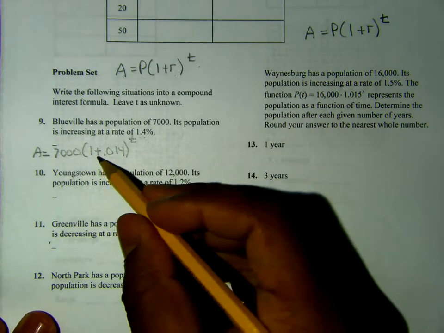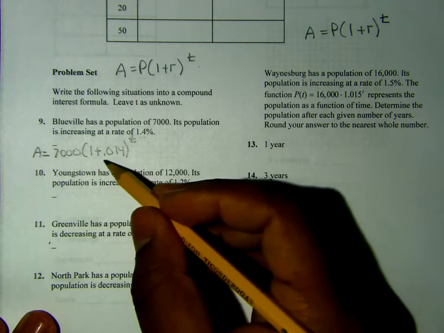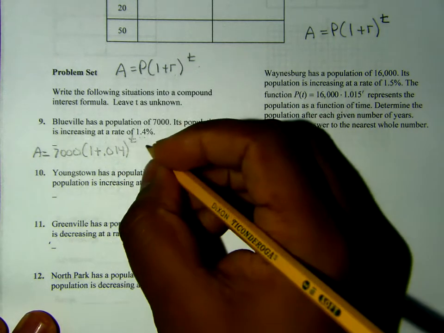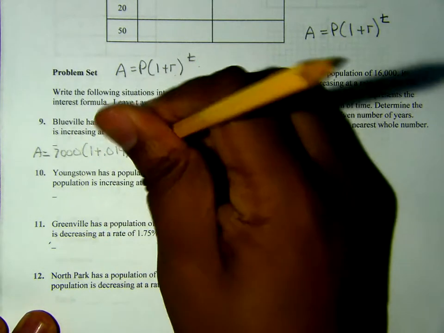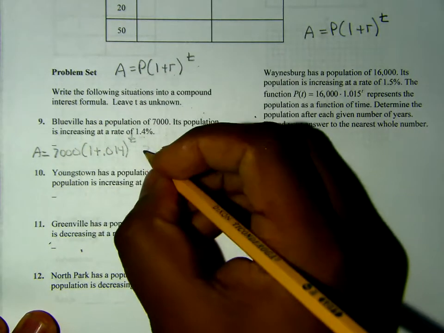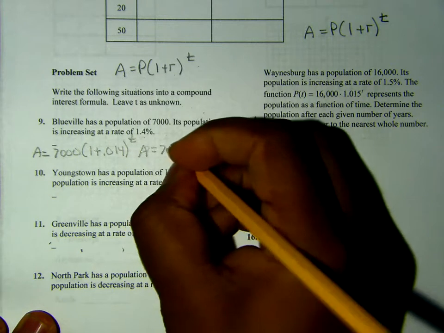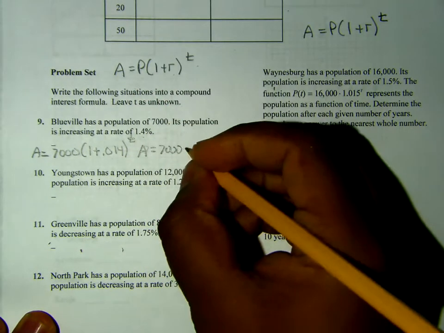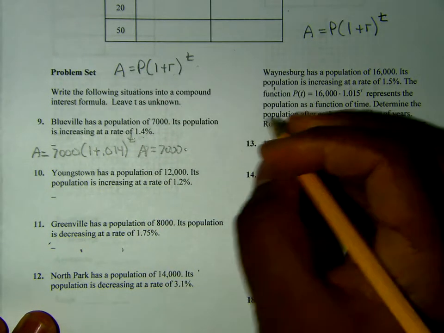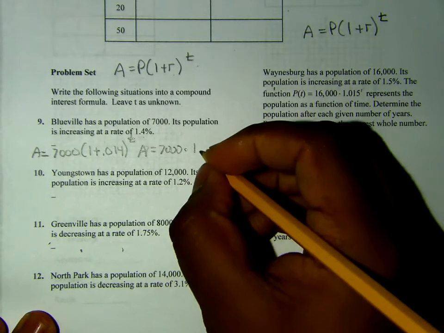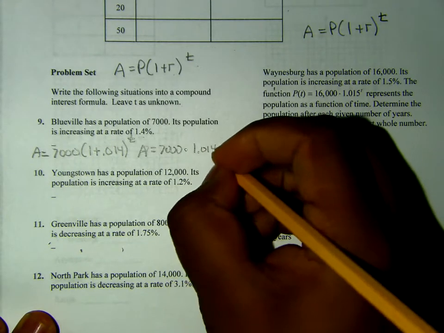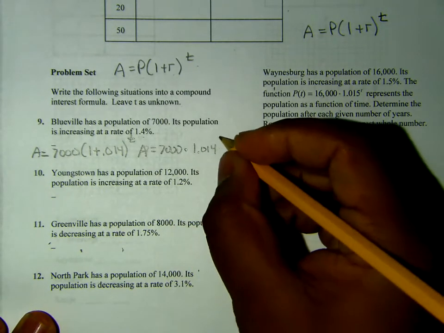But we could simply just do the addition here, and that's going to get us A equals 7,000 times 1.014 raised to the t.